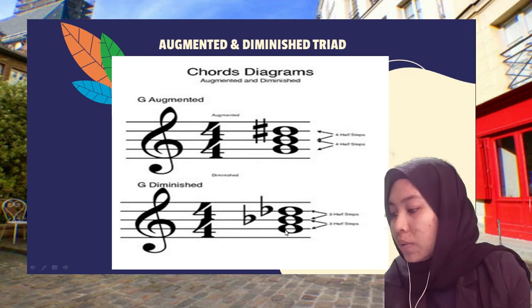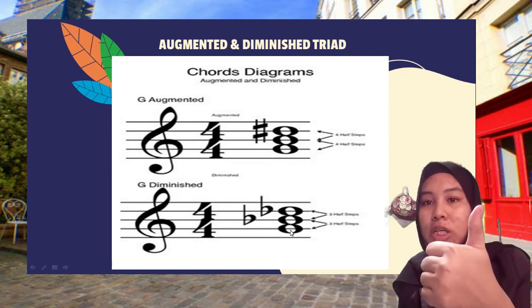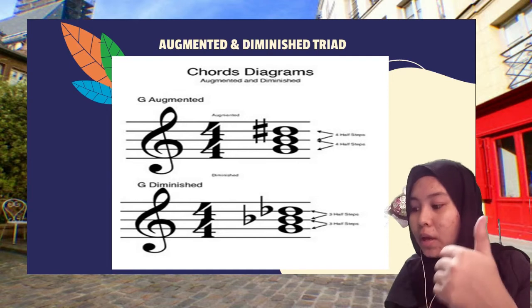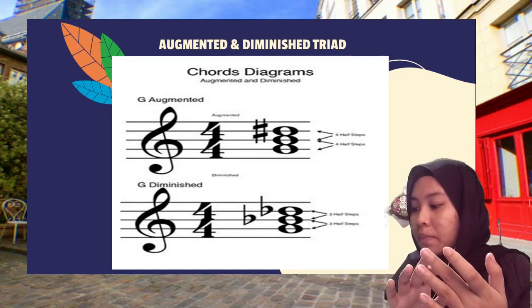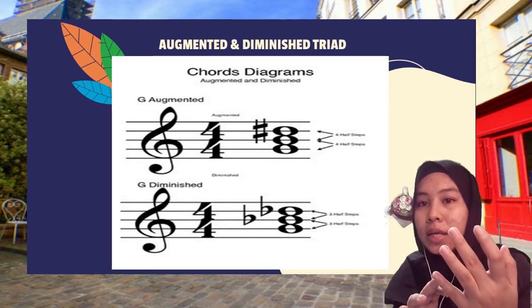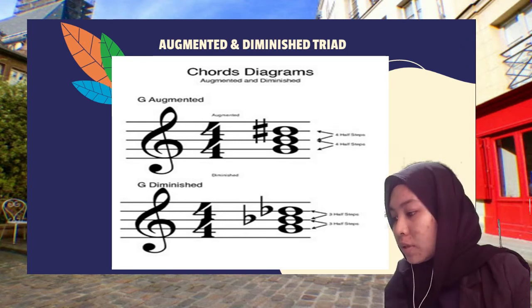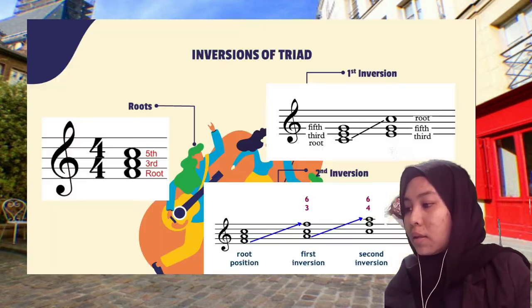So here we have the note G, and then the third is the lower third, which becomes the B flat, and then the D becomes the D flat because it becomes the lower fifth, right?